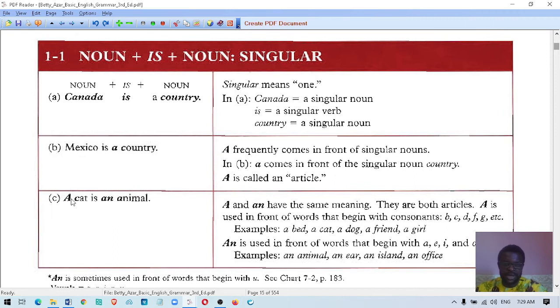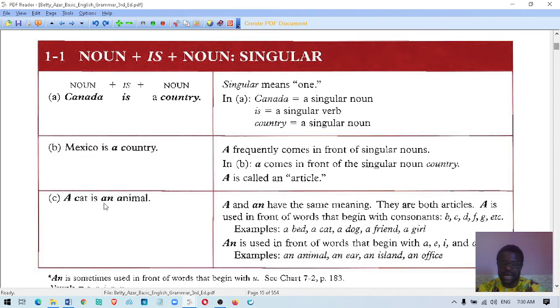So here again, we've got a cat is an animal. You remember a country, an insect, an animal, we use when we want to show that something is what? Is just one. So A and AN, they do the same thing to tell us that the noun we're talking about is just one. But we use AN when we have a vowel starting the noun.